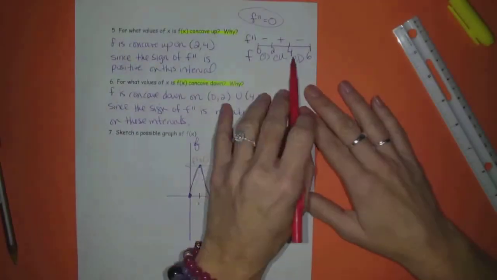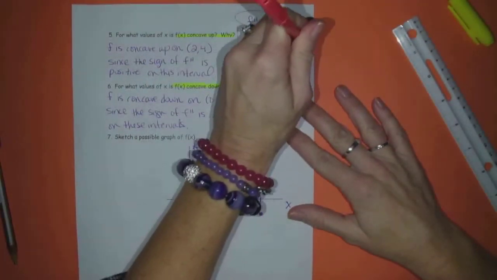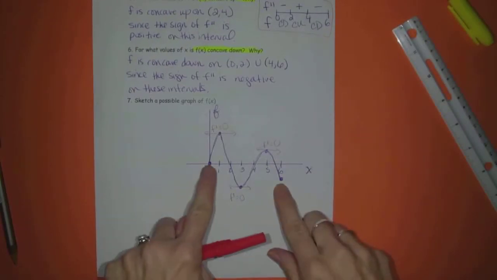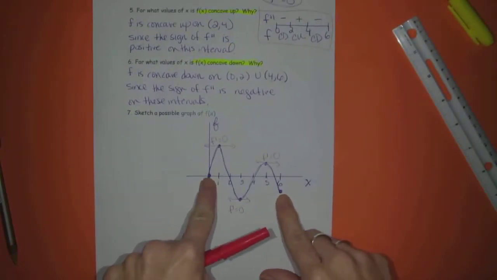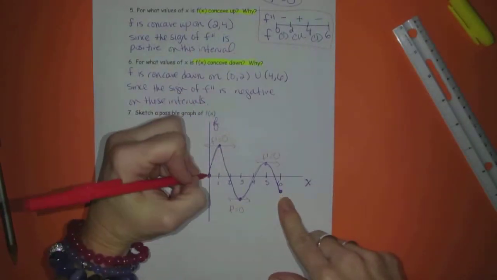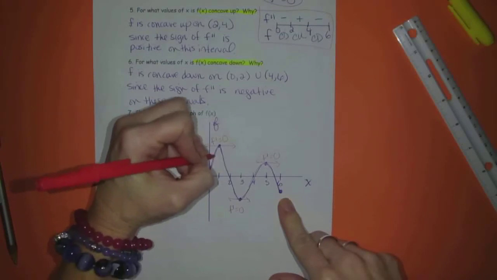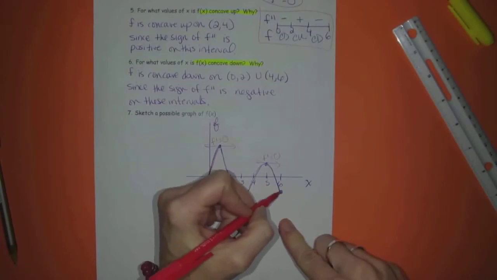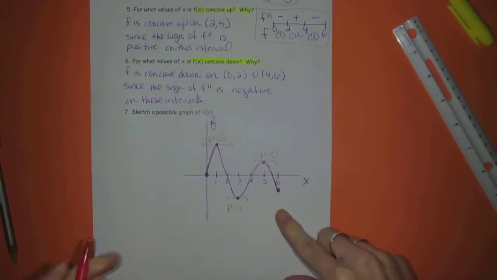Now, let me check out my second derivative chart. Let's see if this matches up. Do I have inflection? Oh, and one more thing. Wait, before I go to this, do I have minima at the endpoints? Sure do. This is a local min. Look, increasing out creates a minimum. This is a local min, decreasing in creates a minimum.